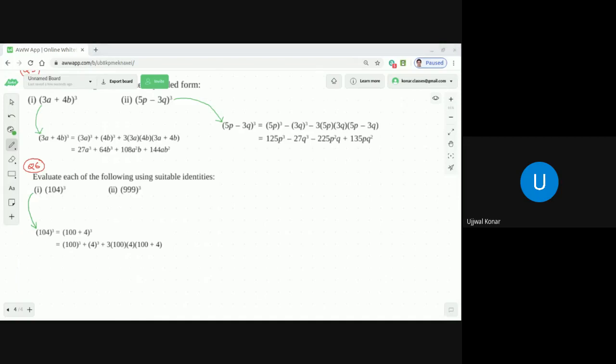After that, you need to just compute all these values. Correct, no? Got it?